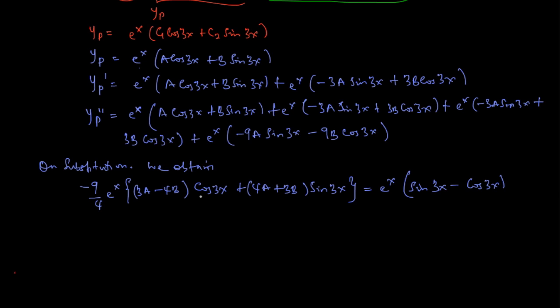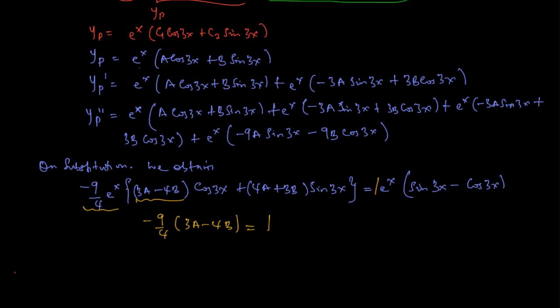The coefficient of cosine of 3x here is 3a minus 4b times minus 9 over 4. That's the coefficient of e to the power x cosine of 3x, while the coefficient of e to the power x cosine of 3x on the other side is minus 1, since there's a negative sign there. So minus 9 over 4 into 3a minus 4b equals minus 1.